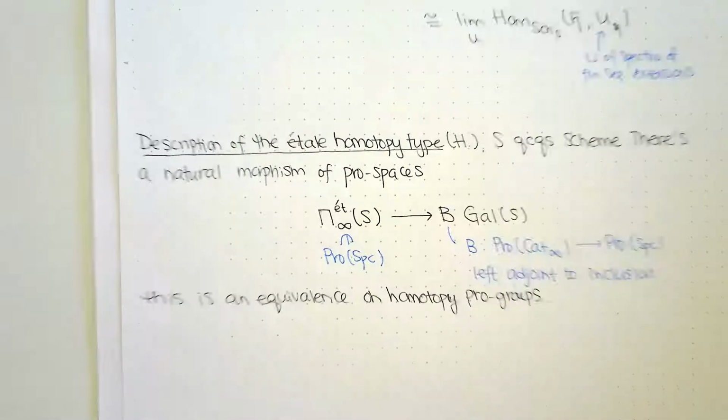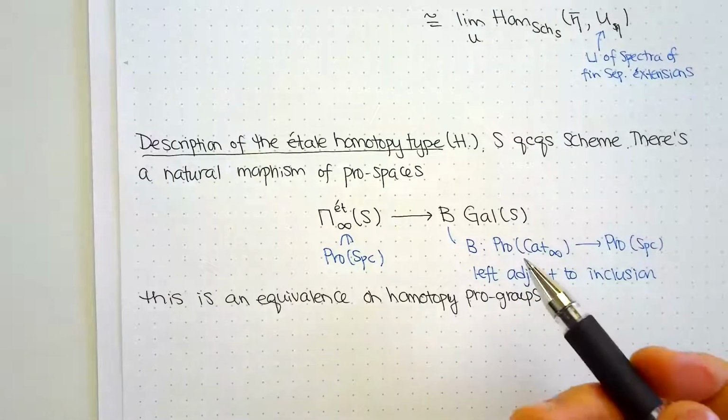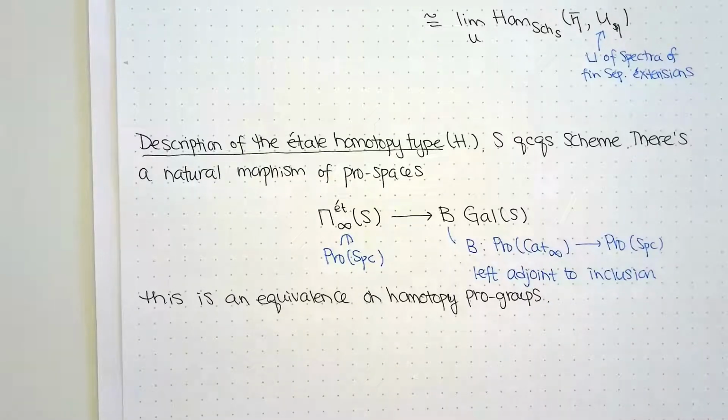So this gives you a new way of thinking about the Étale homotopy type. You take this construction that you could make sense of classically, that I tried to describe here, and then you invert all morphisms, but you have to do it in this pro sense.